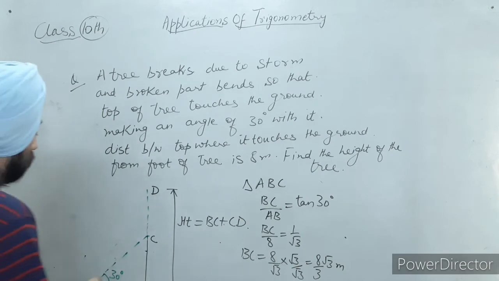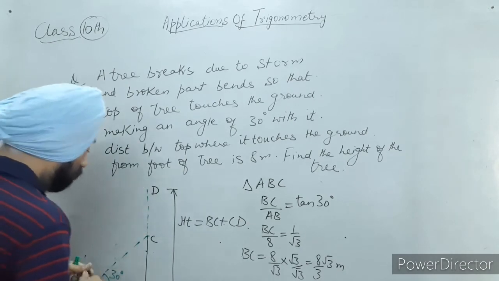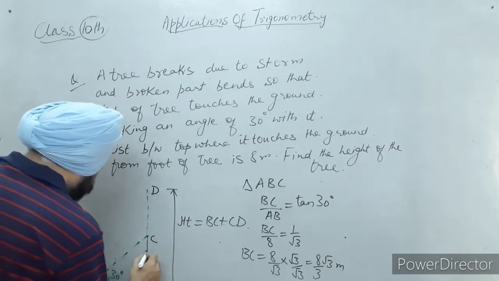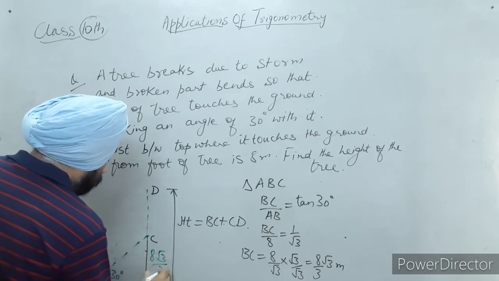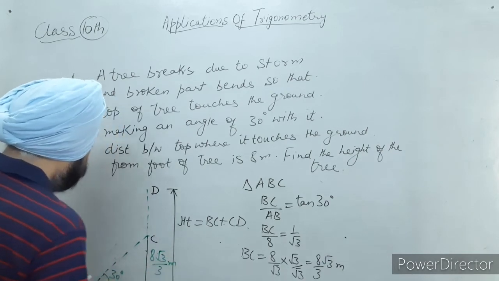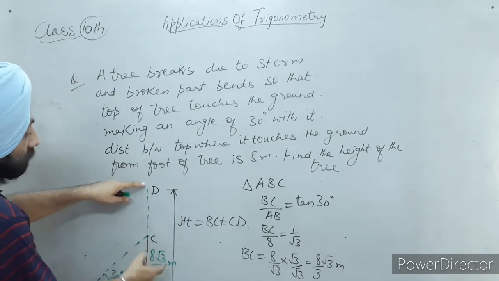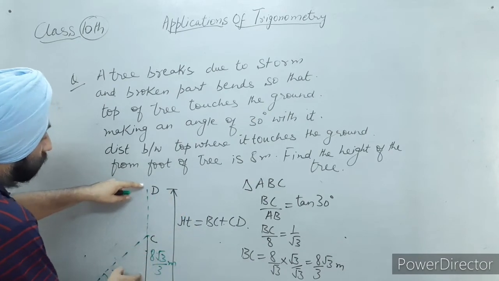Right? Now I also need this portion. I have this BC now as 8 by under root 3 or 8 under root 3 upon 3 meters. Right? I have this BC. I have to find CD also because the total height of the tree before the storm was BD.